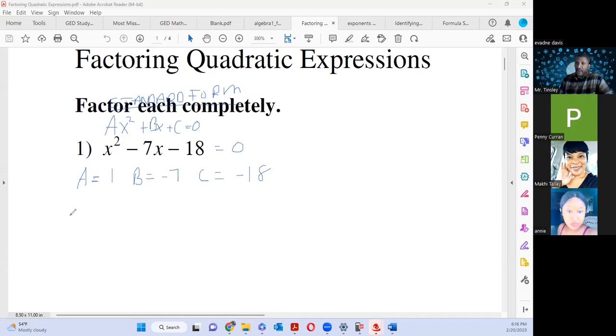So if A is 1, we're going to find the factor pairs of C, or factor pairs of -18. So what two numbers can I multiply together to get -18? Can anybody help me? Well, let's start with 1. 1 times what? 1 times 18.